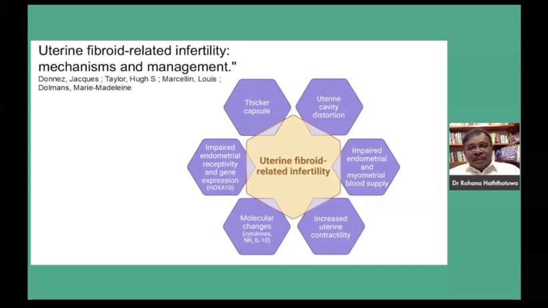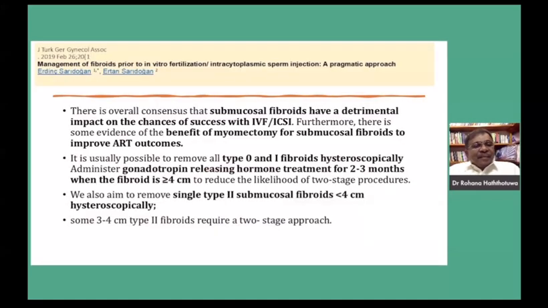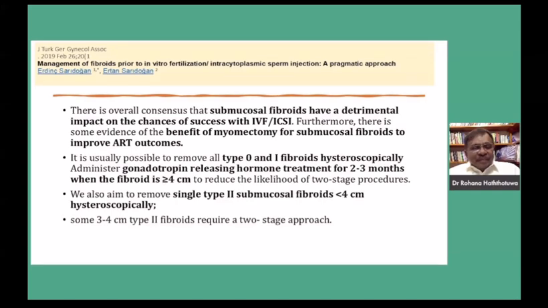The cause of infertility may be due to uterine cavity distortion, impaired endometrial and myometrial blood supply, increased uterine contractility, and so on. So it has been suggested that submucosal fibroids have a detrimental effect on the chances of fertility, and there will be a benefit of myomectomy of submucosal fibroids.